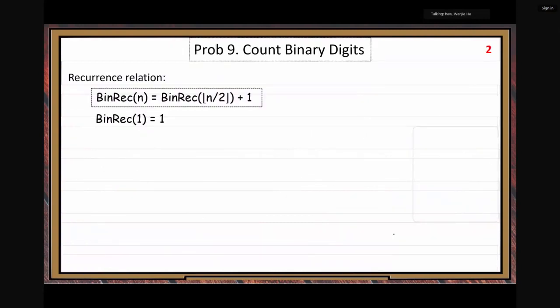All right. Next. So this is the problem we want to solve. And here, that division by 2, actually in computer science, we know division by 2 is just a shift operation.